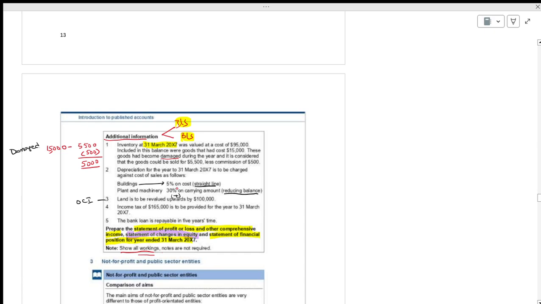On this 15,000, how much have they sold? 5,500. You paid some commission to the people, 500. How much did you get? You got 5,000. Now, what is the loss you are having? Can you tell me? 10,000. Okay, this is the loss of damaged goods.